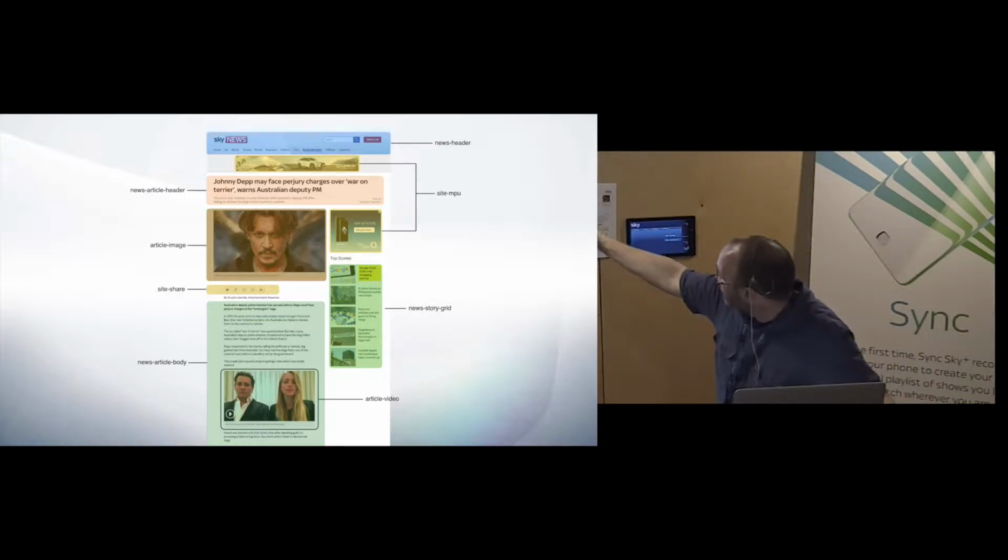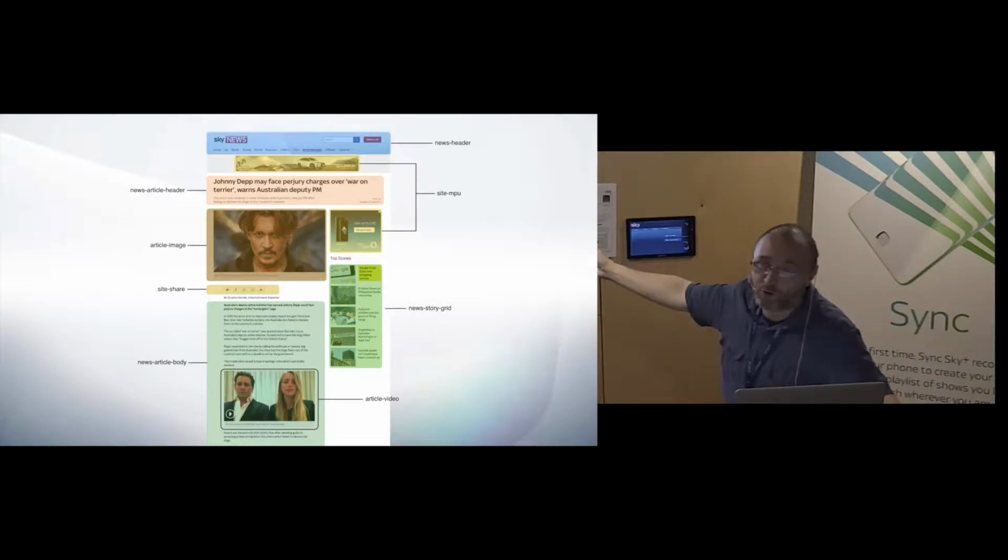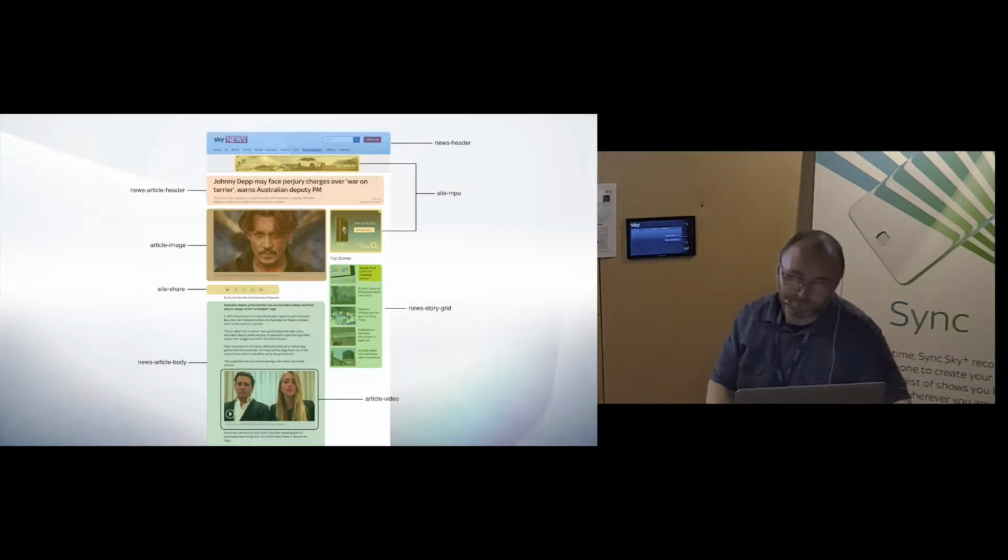Got images, video components, share links, body. We've got the story grid on the side, which again is reused throughout the site, used for the index pages. So that gives you some idea of the amount of usage that we're putting these components to, and it's certainly what we'd be seeing on all the newer sports builds as well.